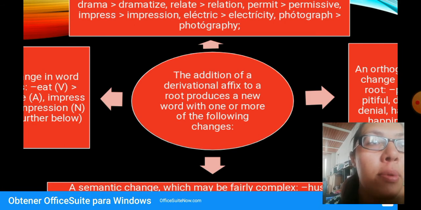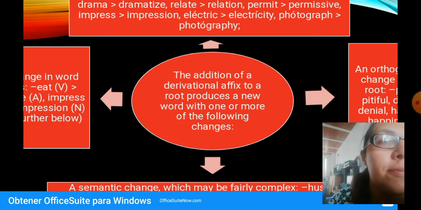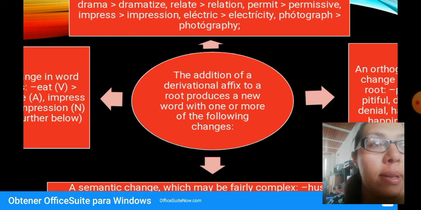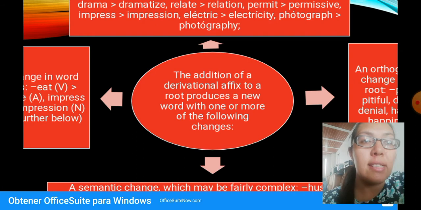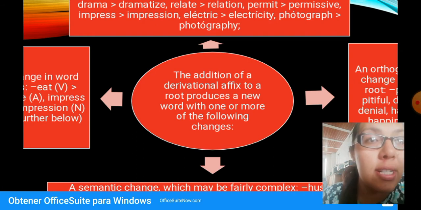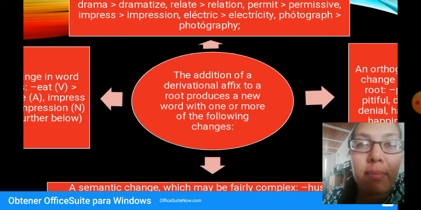For example, beautiful to beautifully, or happy to happiness. When you change happy to happiness, you have to change the Y for the I and add NESS. And another example is the verbs in past.